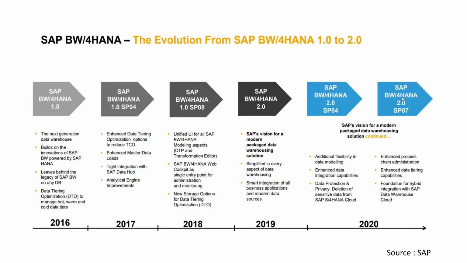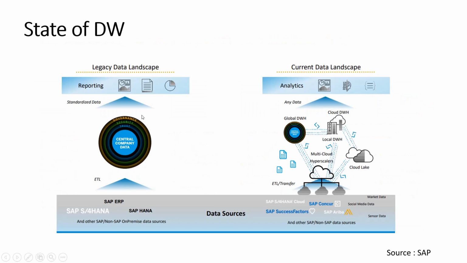So because of that, SAP has to do something in cloud, because cloud is a buzzword now, and there are a lot of solutions in cloud as far as data warehousing is concerned. If you see earlier how data warehousing has evolved, earlier we used to have a central repository of data. Data used to come from different systems, usually SAP systems if you are from an SAP background, and there was reporting on top of it.